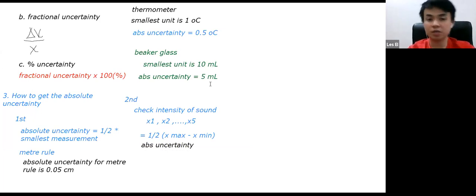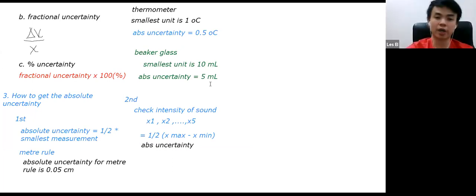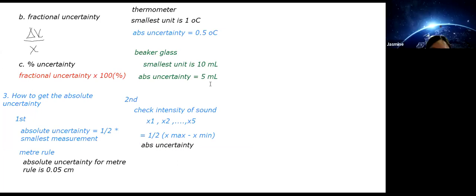Do you have any questions that you want to ask until here? No. So it means you still can't understand. So the x max is the maximum reading of your experiment, the reading that you are taking.